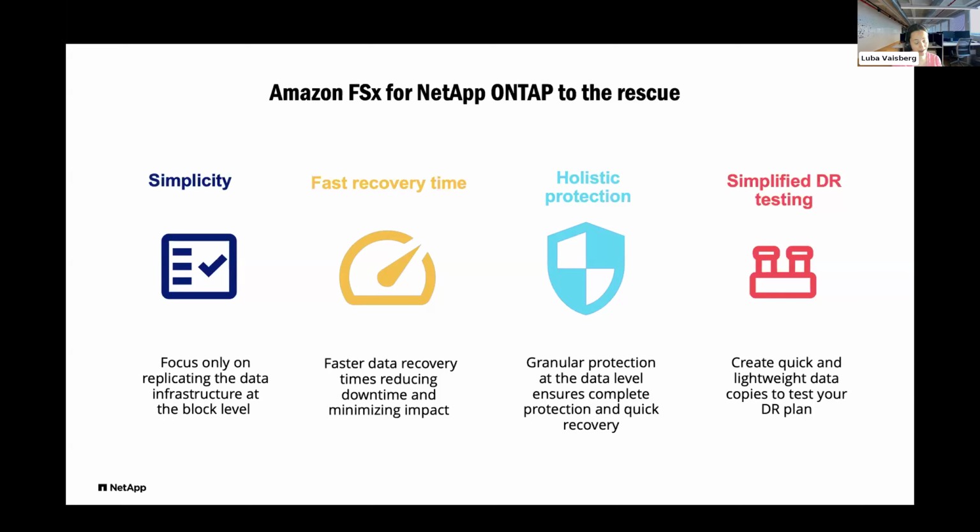So whenever it came time to do the DR testings, we needed to make sure that the tests were smooth, that they had the least amount of disturbance of processes. And I can tell you that past Luba would have loved to know that there's such a thing as FSx for ONTAP, where planning those DR processes, managing them, and completing them can be much easier than in the past.